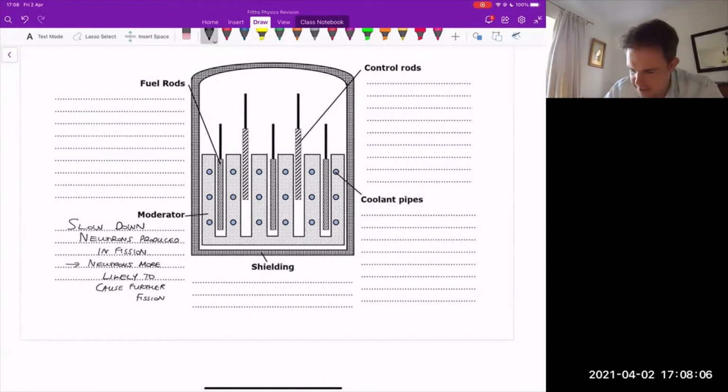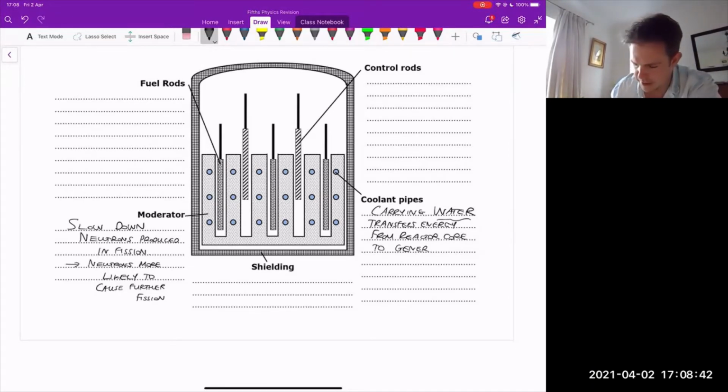And hopefully you can see through the moderator, you've got these coolant pipes, which are usually carrying water. So water is the coolant typically, and this ultimately transfers energy from the reactor core to the generator.